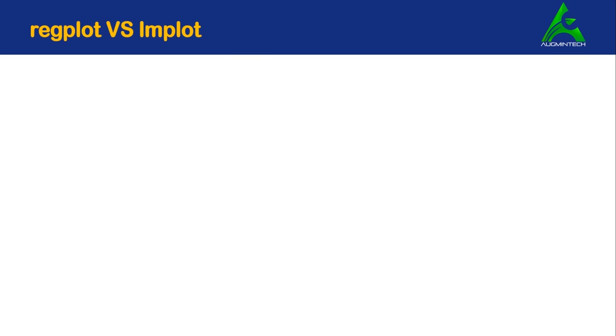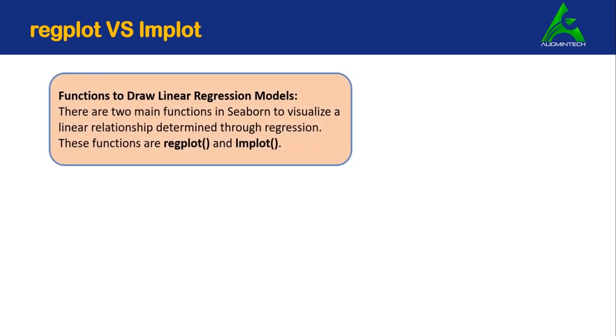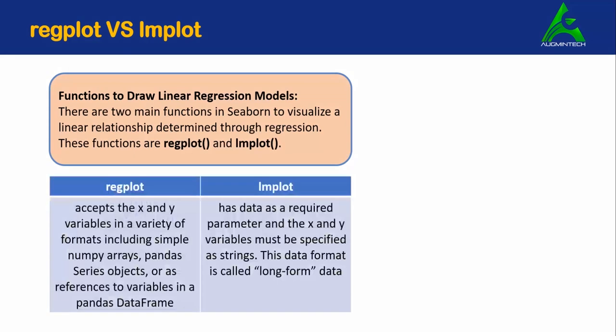Now let's have a look at the differences between regplot and lmplot. Regplot versus lmplot are functions to draw linear regression models. There are two main functions in Seaborn that help to visualize a linear relationship determined through regression: regplot and lmplot.